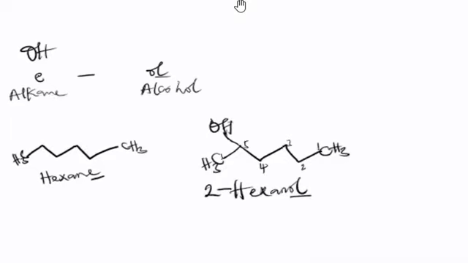If I had counted from here, this would have been 5-hexanol, but due to the fact that I need to assign the lowest possible number to the OH group, I have to start from here and count 1, 2, 3, 4, 5, and 6. So this becomes 2-hexanol.